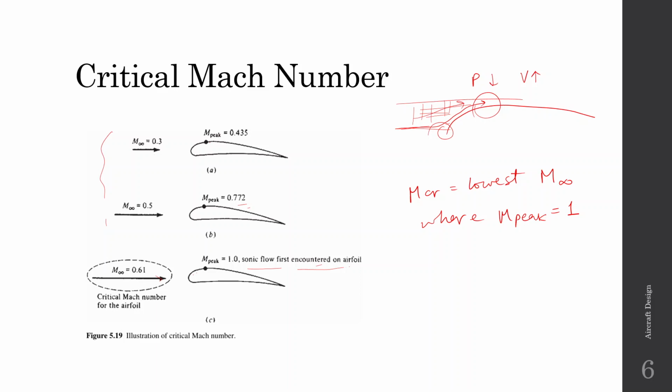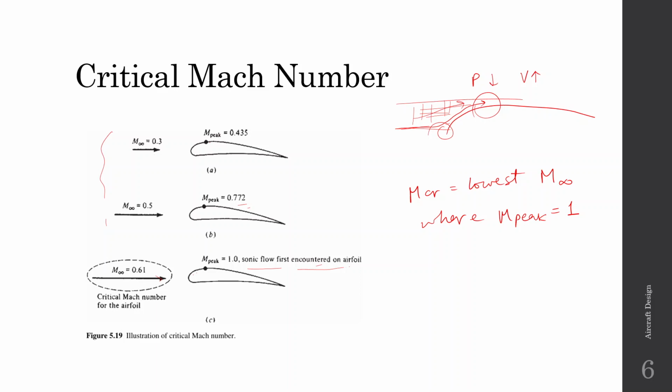Now you know that when supersonic effects are encountered, it increases the drag, and it might also cause heating. So if we want to create an economical aircraft, we do not want to fly in the supersonic regime.